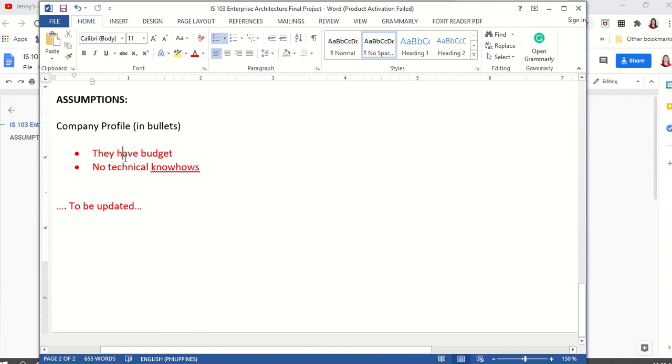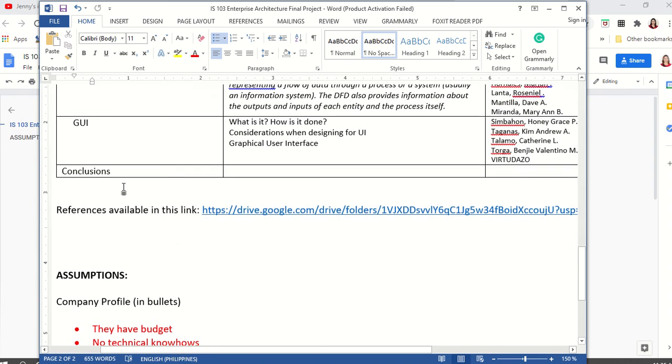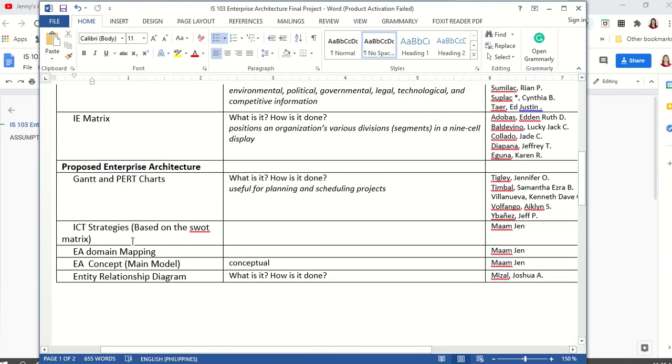Like for instance, if they have no budget, no know-how, no manpower, how will you strategize to still create an enterprise architecture for them? So we will consider that.